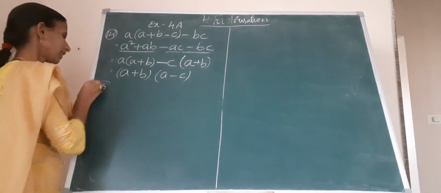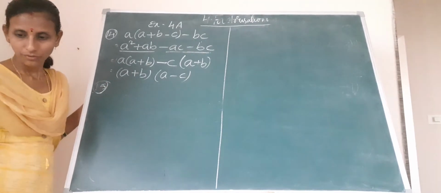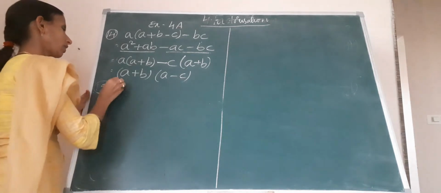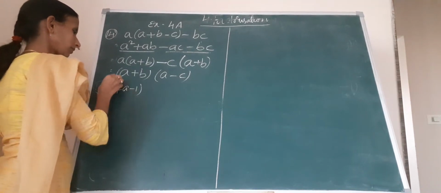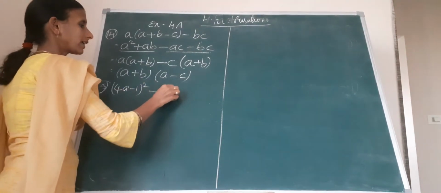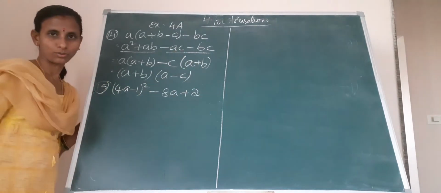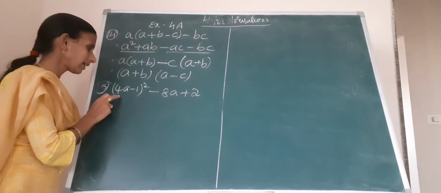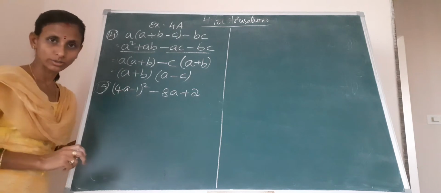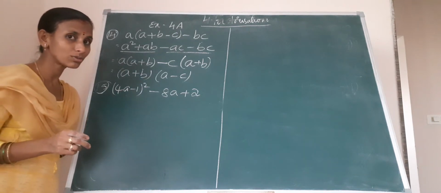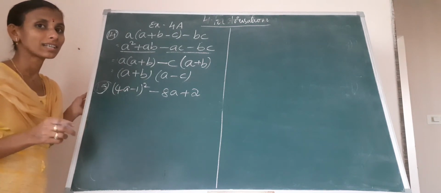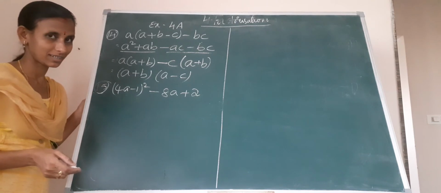Okay. So the next question is 4a minus 1 whole square minus 8a plus 2. See, here we are having 4a minus 1 whole square. So here we can use a minus b whole square expansion identity.